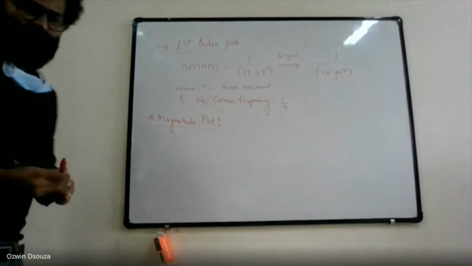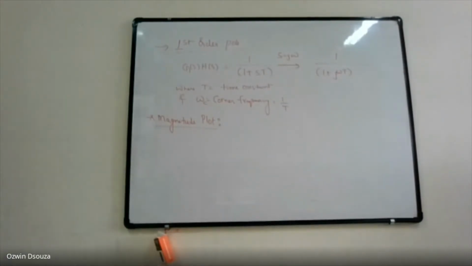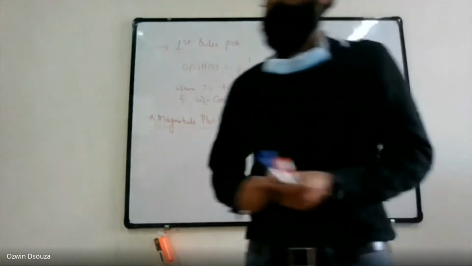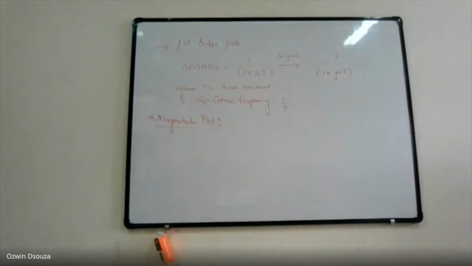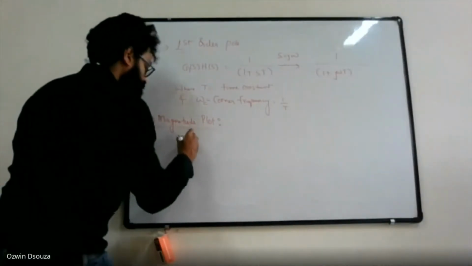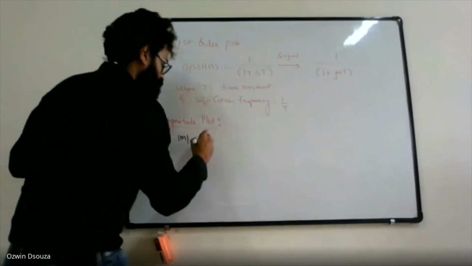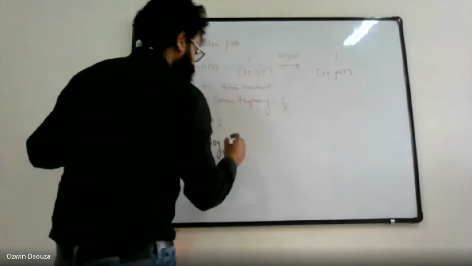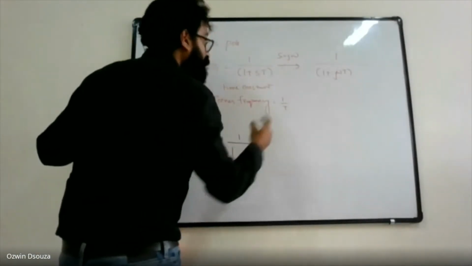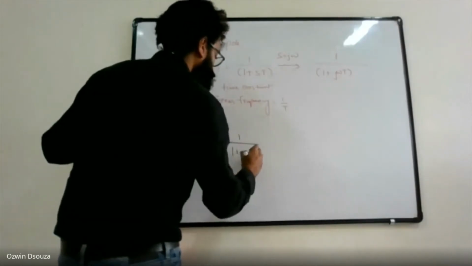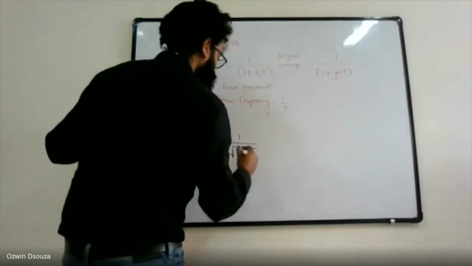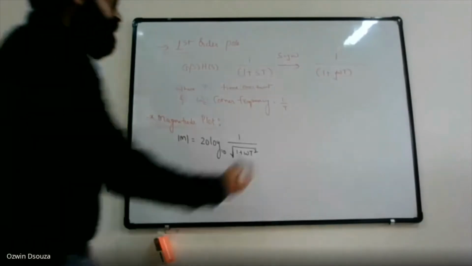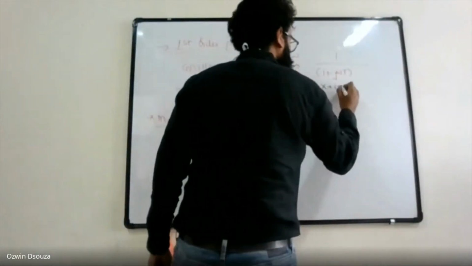All right. So how will you find out the magnitude of the complex number? Let's say magnitude M is equal to, in decibels, 20 log to the base 10, and this is going to be mod of 1 plus j omega T, which is under root 1 plus omega T squared. So let's say you have x plus iy.